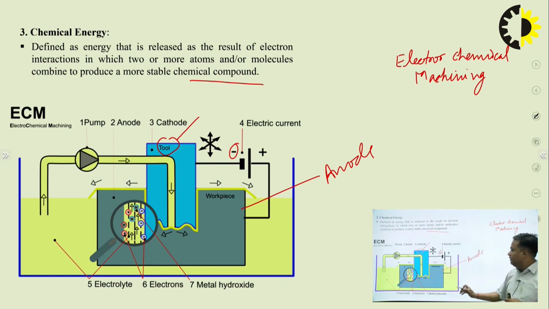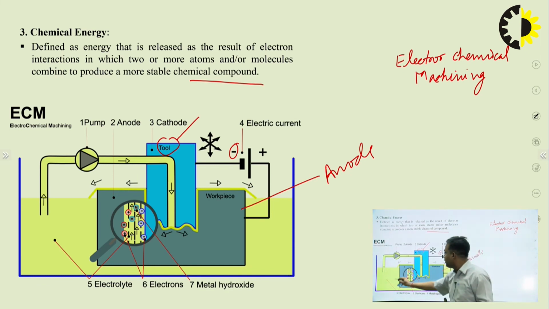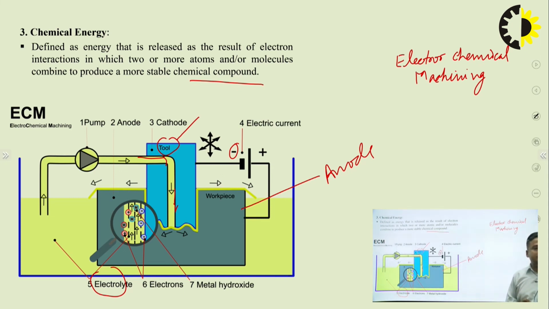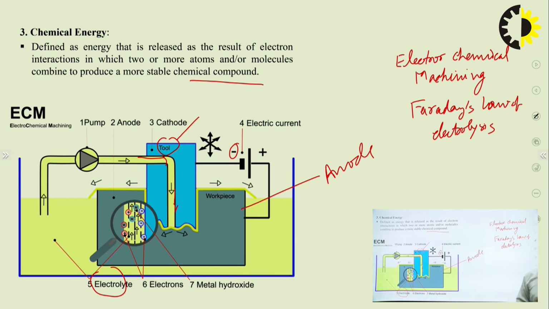We are using an electrolyte here, and because of the chemical reactions due to Faraday's law of electrolysis, the mass which is liberated, added or removed from the substance is directly proportional to the amount of electricity or amount of charge flow.